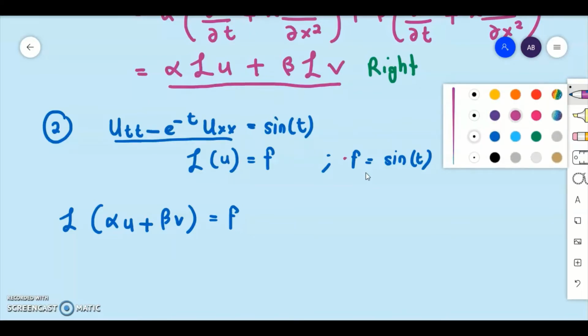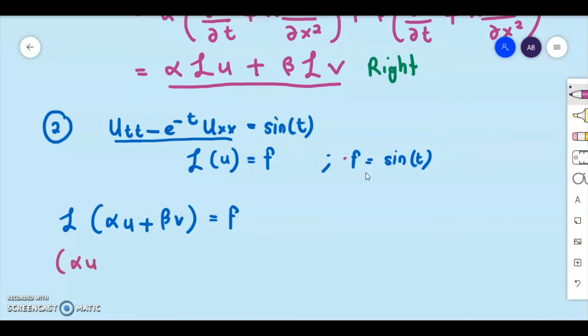I have alpha u plus beta v with partial squared over partial t squared for this term, minus e to the negative t, which does not involve u, so you don't have to worry about this.